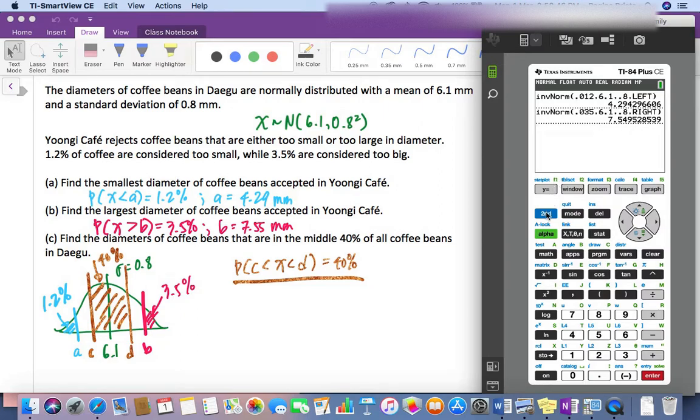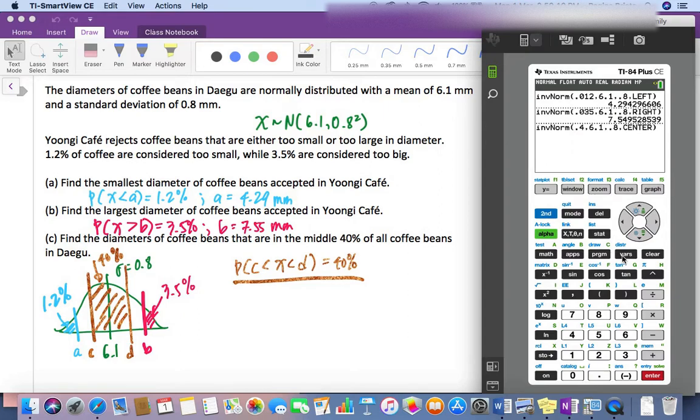We use the last functionality that we have not used, which is center. We specify the area to be 40%, but we use the option center, meaning the area at the center is 40%, equally symmetrical from the mean, 20% to the left, 20% to the right.